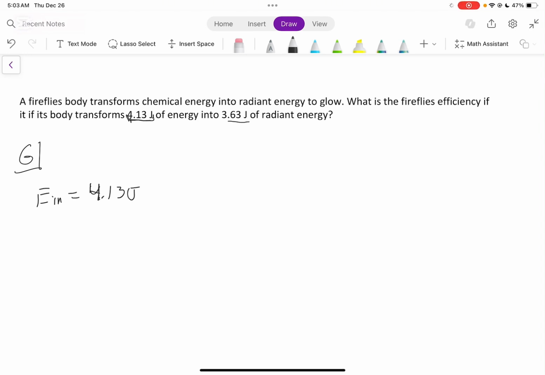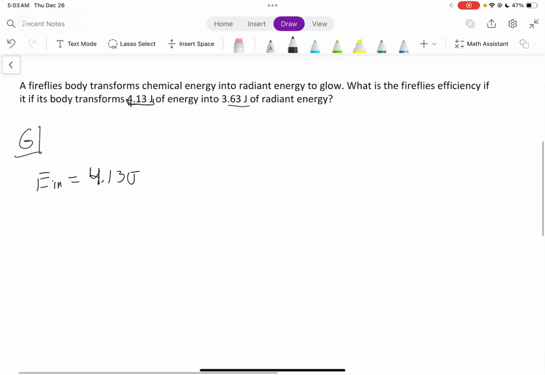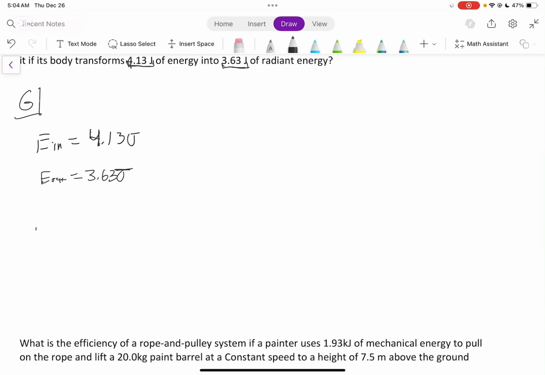So he has an energy in of 4.13, and then he gets out an energy of 3.63 to glow. So our energy out is equal to 3.63 joules. Now that we have that, we can go into our required, and we're looking for our efficiency.